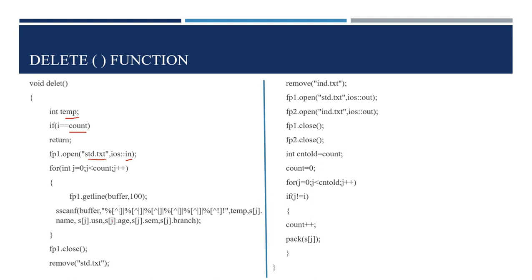If it matches, then remove the value from the student text file as well as the index file. It is very important to update the index file whenever we remove an element from the actual file. Then update the count to indicate the number of available records.